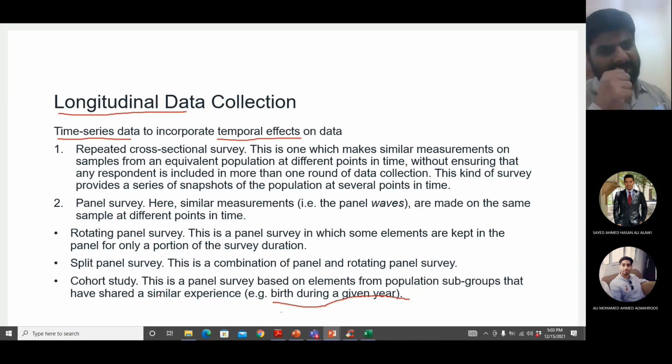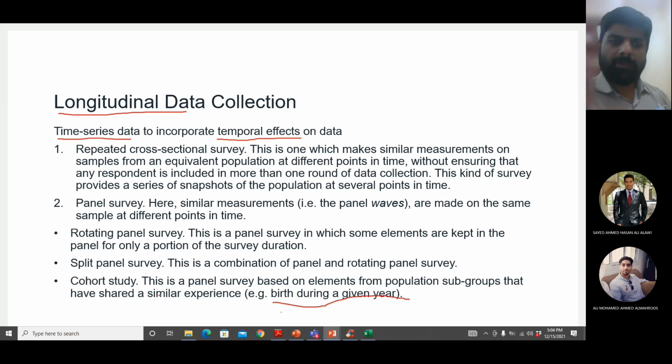Okay, so we have repeated cross section where each time you may ask different people the same questions. Then we have panel, which means same people, same questions. Then we have rotating panel, which means people will be kept constant for some duration of the survey.